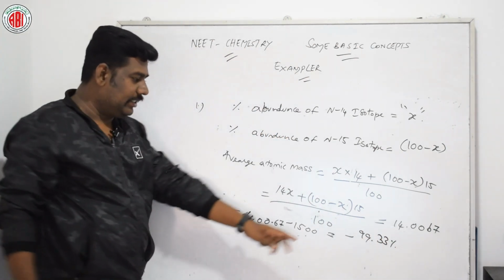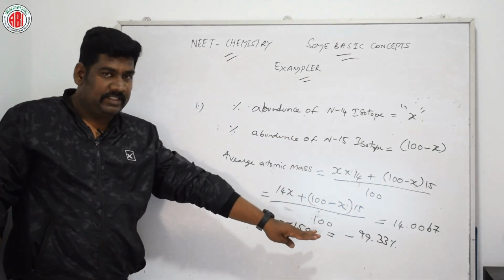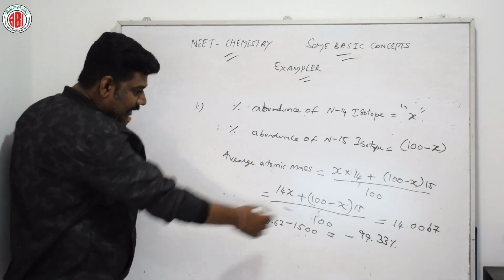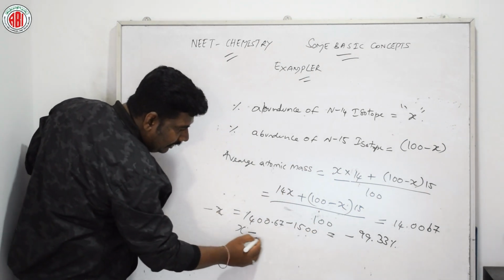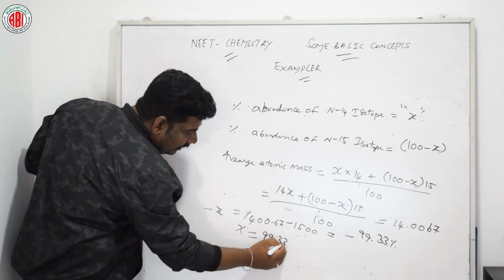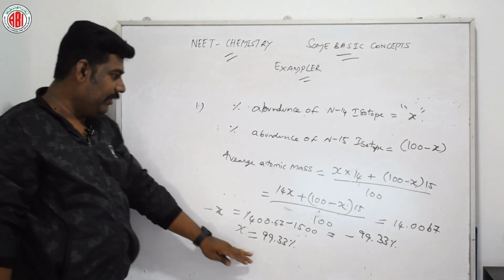So minus X is equal to minus 99.33, and therefore plus X is equal to 99.33%. This is the value we get.